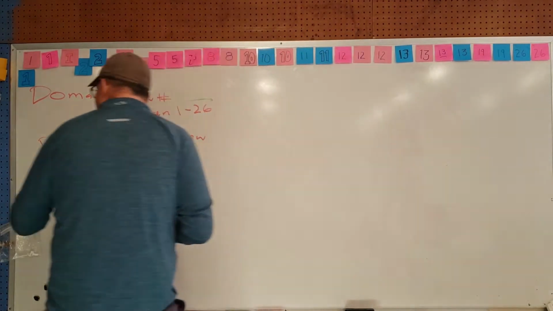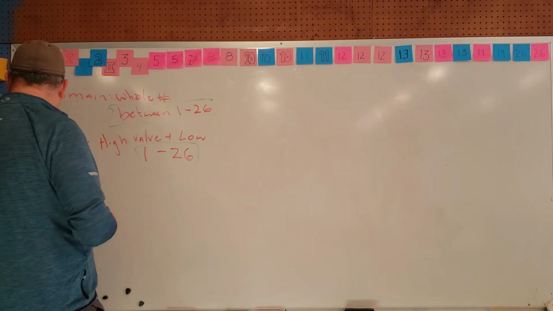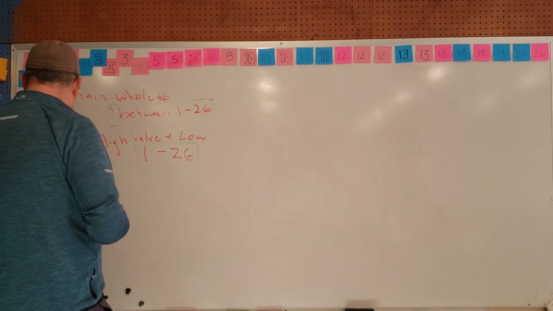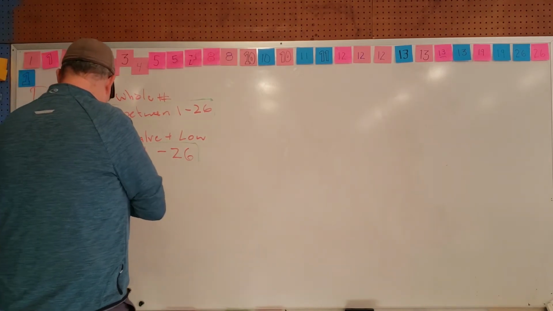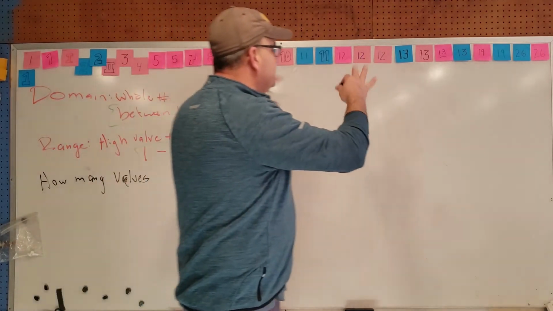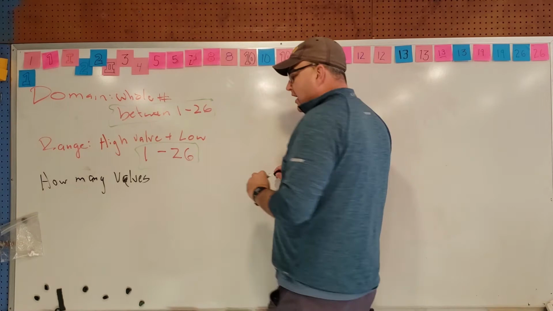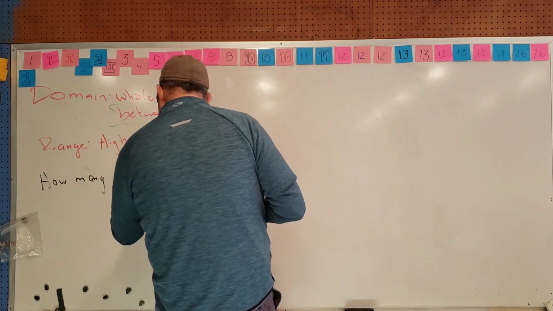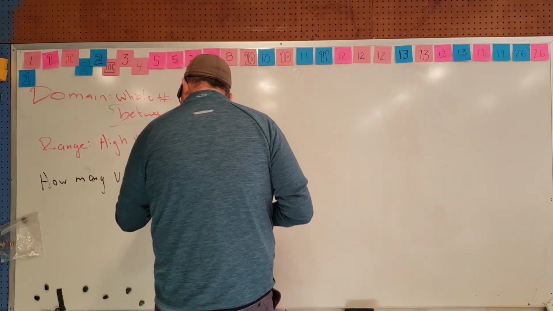But we want to know how many data values we have. How many values? How many entries, how many are we dealing with, right? And that's going to be symbolized with the n, usually.